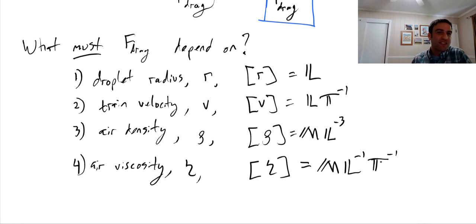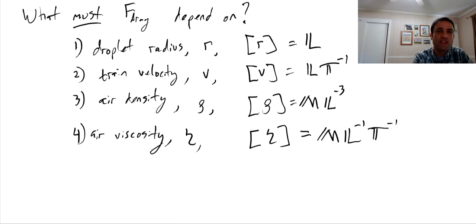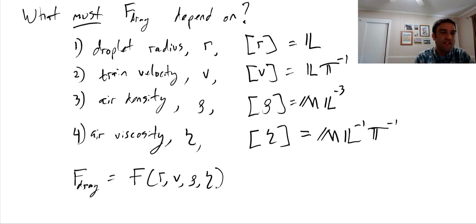Now, secretly, this problem probably has a little bit of a different feel from the blast problem. Remember, what we're trying to do is write drag as some combination of all of these things that have the right units, right? So we want to say the drag force, F drag, is equal to some function of the radius, the velocity, the density of air, and the viscosity of air.